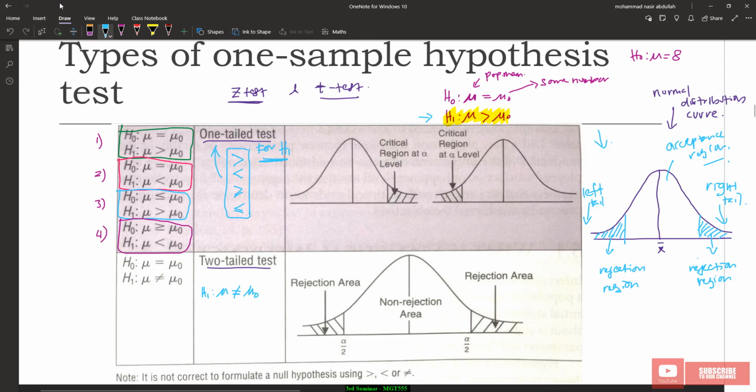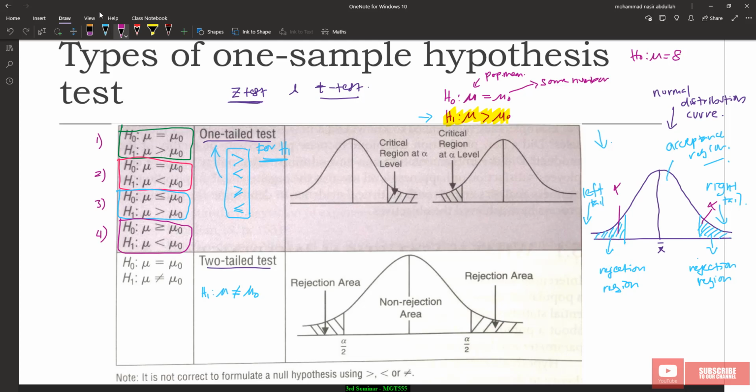So, this is what we call, dekat rejection region ni, this is what we call our alpha, which is type 1 error ni. Yang ni yang kita nak reject ni. Maksudnya, yang dekat tengah-tengah ni, yang warna putih ni, acceptance region ni, right? This is our decision, right? If any value lies jatuh dalam rejection region, maksudnya kita akan reject null hypothesis.